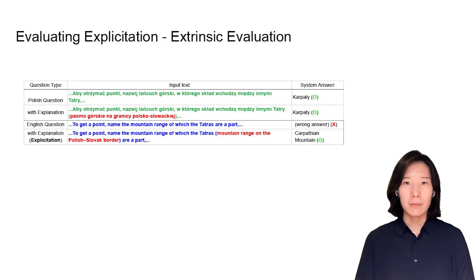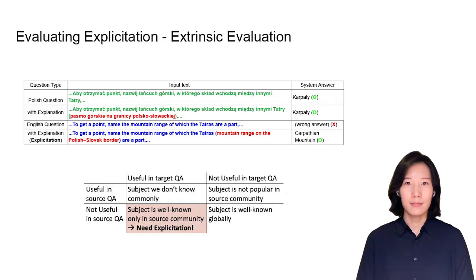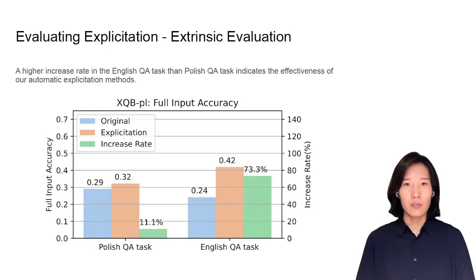We assume that the explicitation may not be helpful if the QA system is already knowledgeable of what is added by explicitation, and therefore has minimal performance changes after fitting the question with explicitation. And we hypothesize that a well-generated explicitation will increase the accuracy of the target language question answering task while being relatively less effective in the source language.